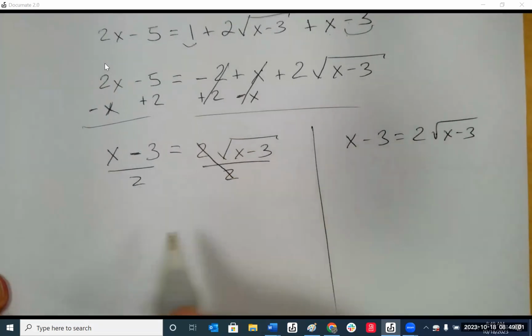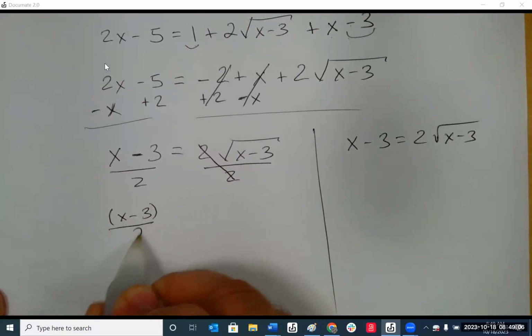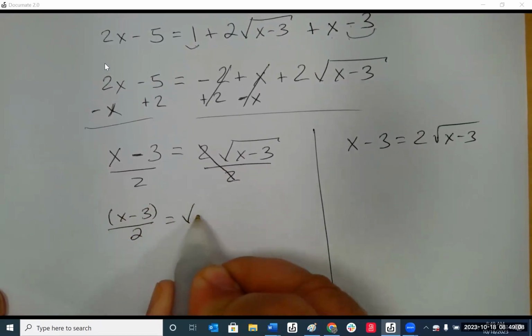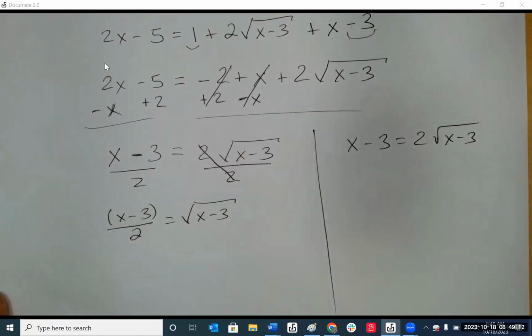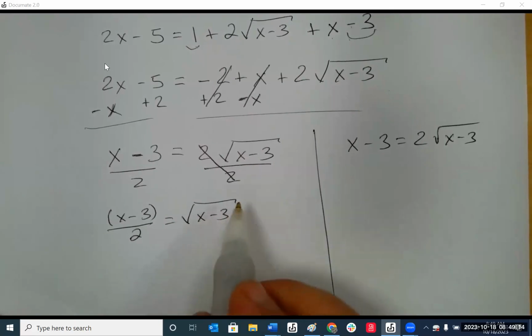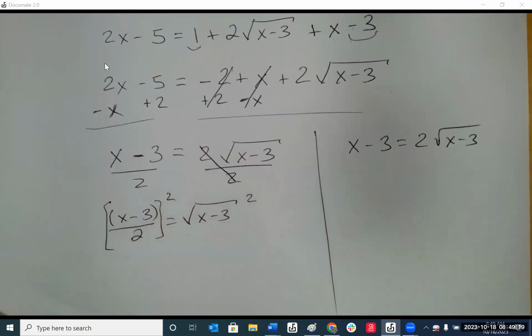So I divide both sides by 2. So I have x minus 3 over 2 equals radical x minus 3. It's by itself, so I square both sides.